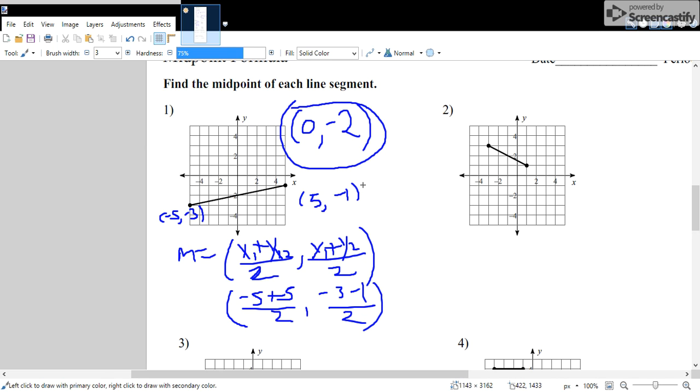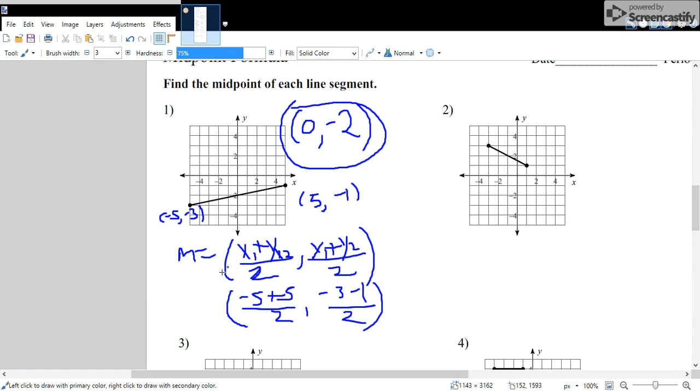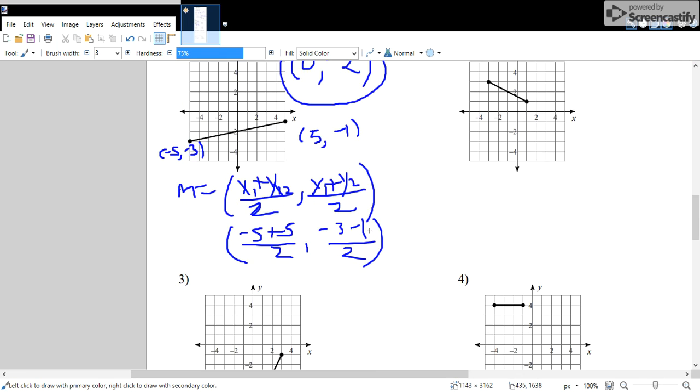And that's your midpoint. So do that for the other graph problems on here. Label the points, put them into the equation. Make sure to write this midpoint equation on at least one problem on this page.